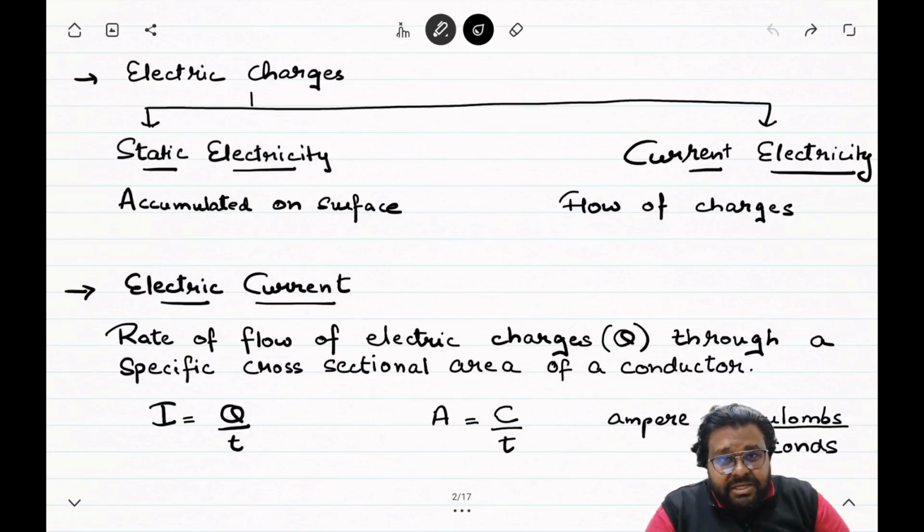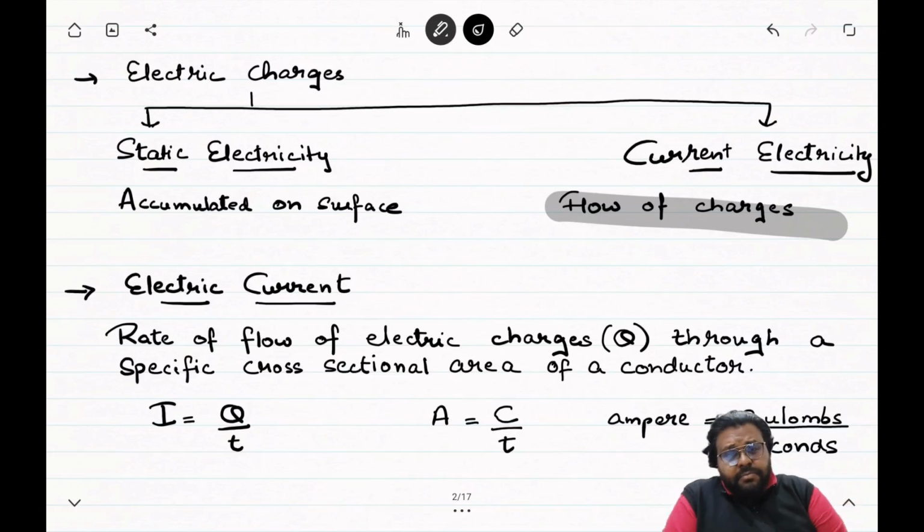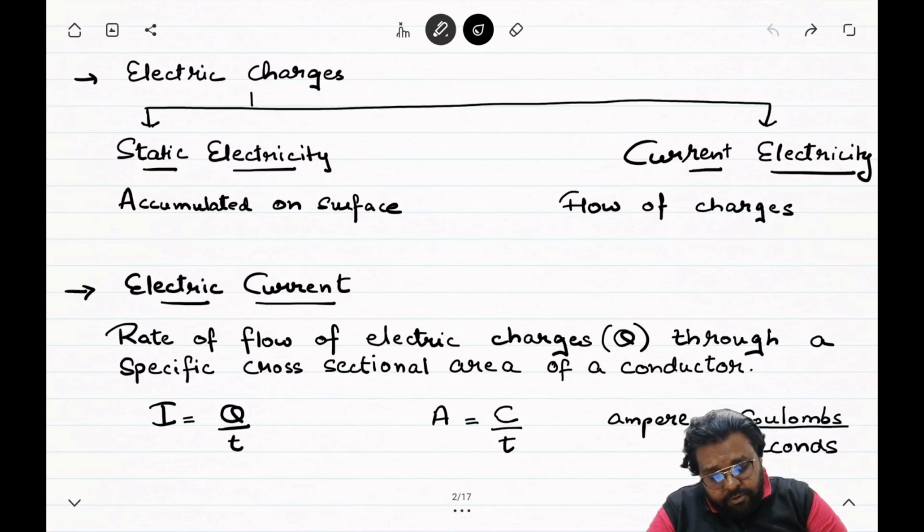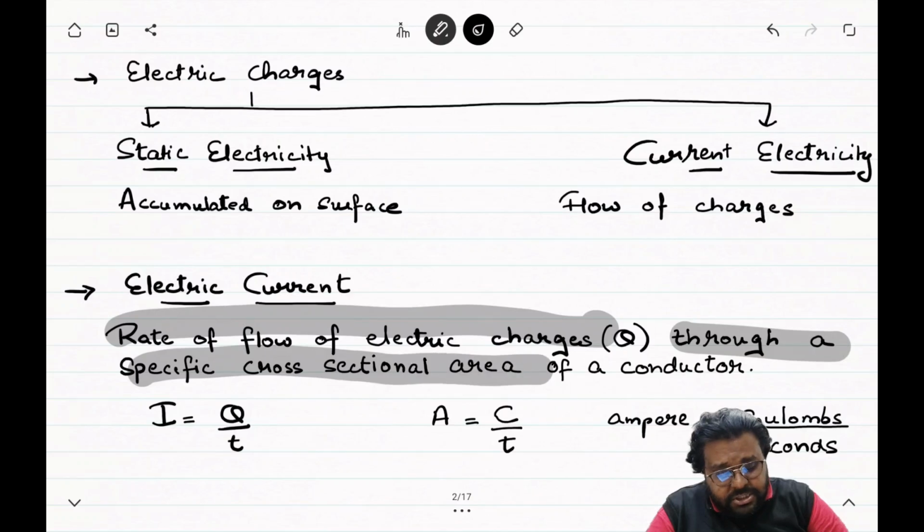Talking about current electricity, current means anything which flows. Water current, air current, you have studied in social science. Current means tendency to flow. So when charges flow, it constitutes current electricity. The definition of electric current: the rate of flow of electric charge Q, that means total charge, through a specific cross-sectional area of a conductor.